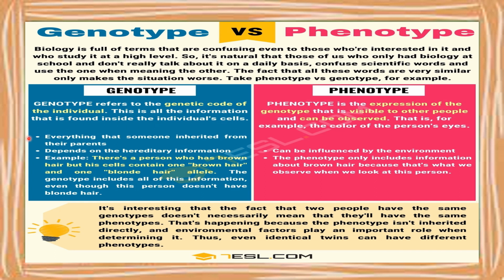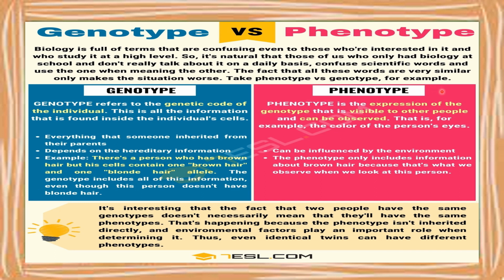So, everything that someone inherited from their parents is called the genotype. It depends on the hereditary information. So, for example, there's a person who has brown hair but his cells contain one brown hair and one blonde hair allele. The genotype includes all of this information, even though this person doesn't have blonde hair.